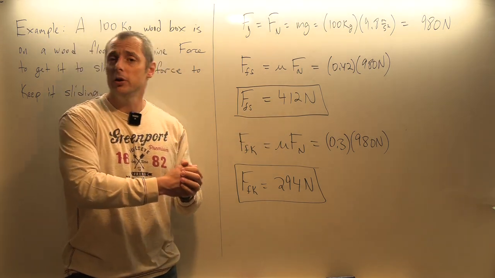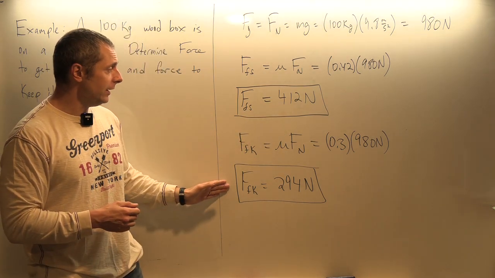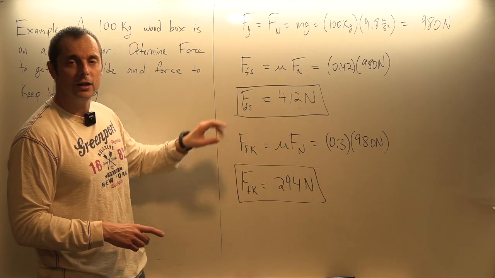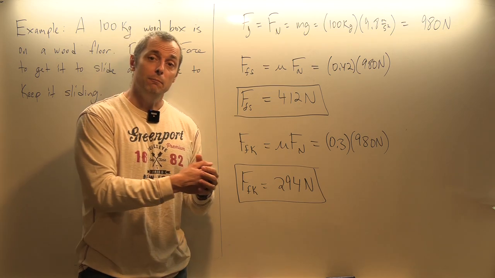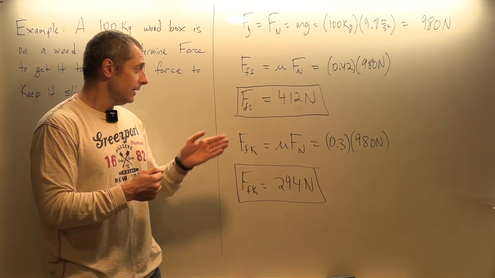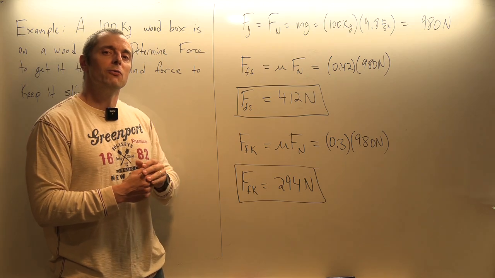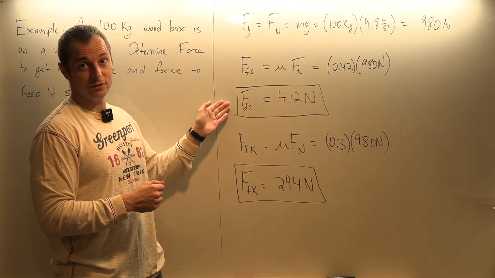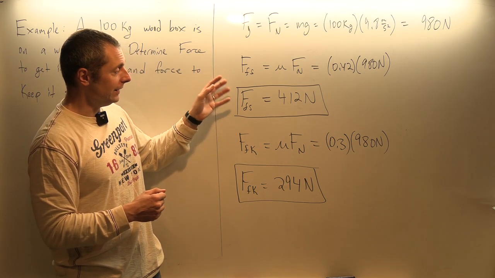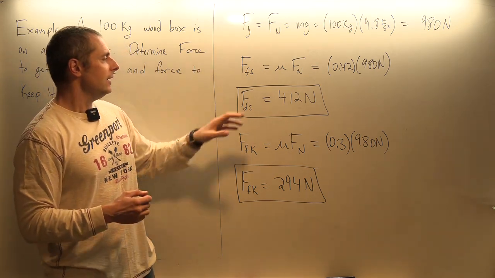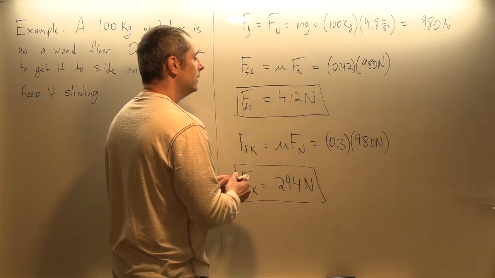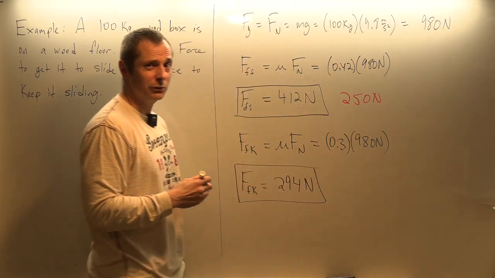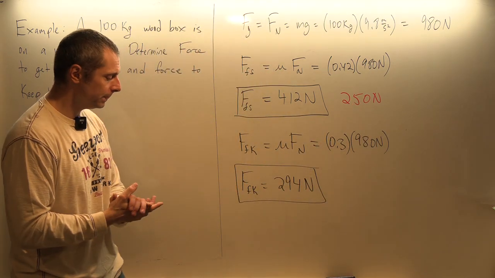And the man's not pulling more than 412, so it's not kinetic, so friction's 412. And they report this answer. Not correct. The man pulling 250, not greater than this, friction is exactly 250. Not this answer. So you calculate this only to see that he hasn't exceeded the limit. He's under the limit at 250. So friction is actually 250 newtons. See how that could be like a really bad trick question?